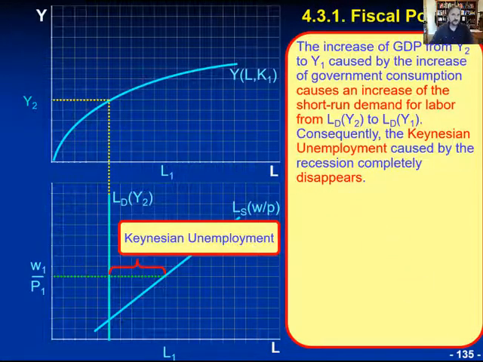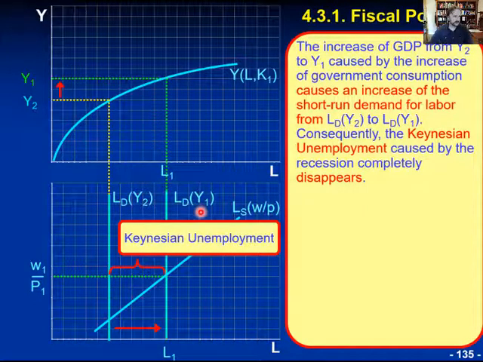Let's analyze this with the help of the production module of the Keynesian model. The increase of GDP from its recession level Y2 to its full employment level Y1, caused by the increase of government consumption, causes an increase in the short-run demand for labor, from labor demand depending on the recession GDP level Y2 to labor demand depending on the full employment GDP level Y1.